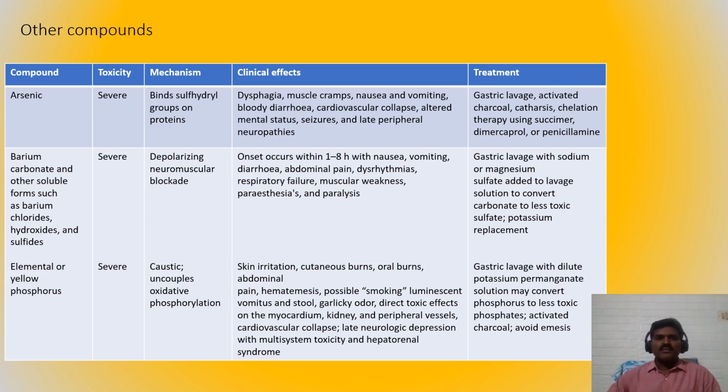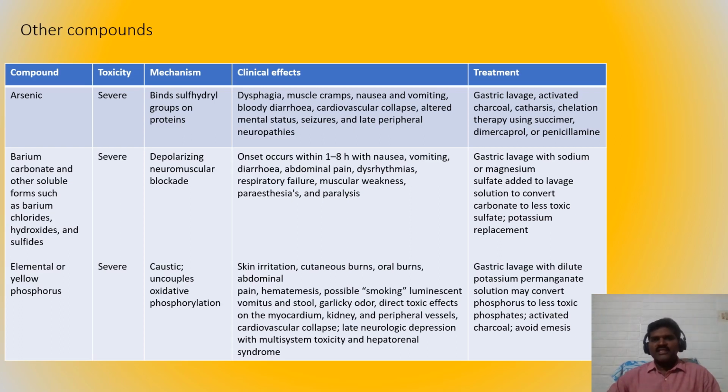Again, arsenic is one of the compounds which can be used for homicidal purposes. Arsenic is usually not detected and it mimics severe gastroenteritis and leads to severe dehydration in the initial phases. This is usually the cause of death.